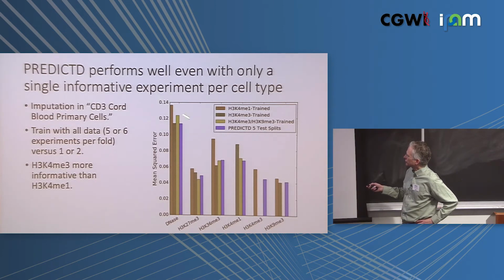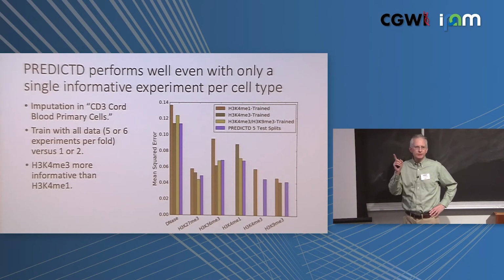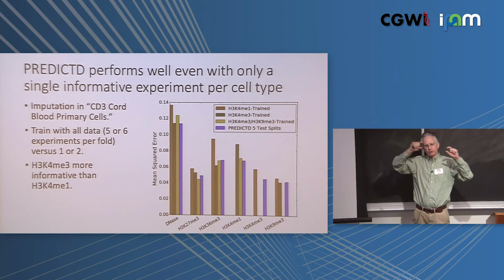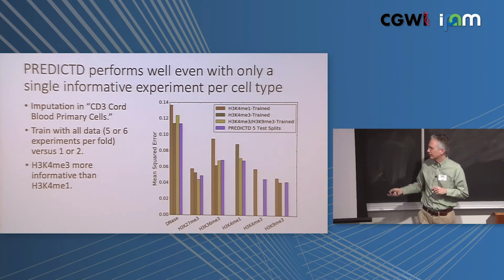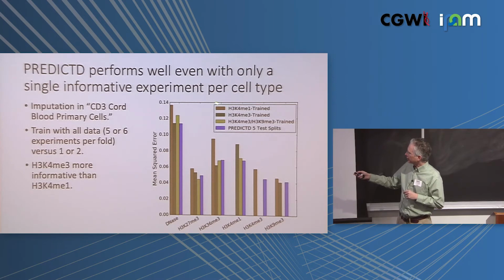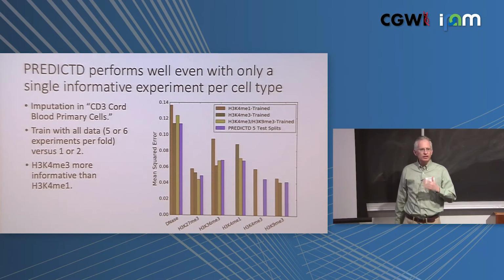This top one, the orange one here, is if you're using all of the data except you're enforcing that in this one cell type, we only have a single assay, and it's this one histone mark H3K4ME1. The green one is similar except using a different mark.